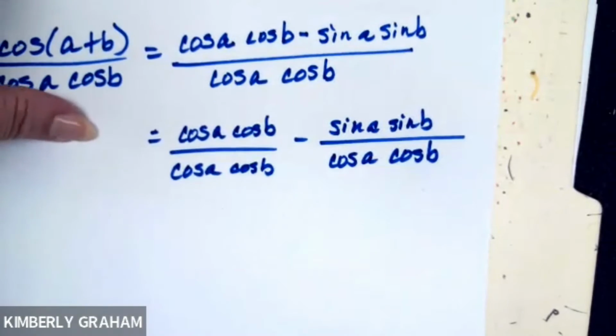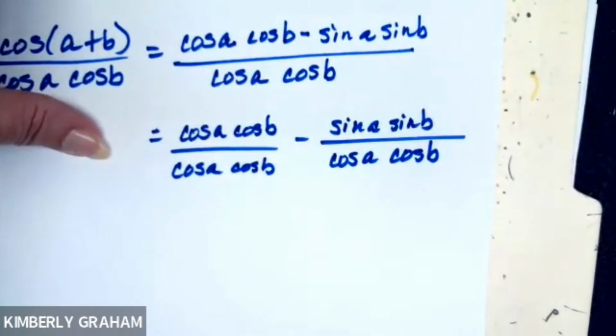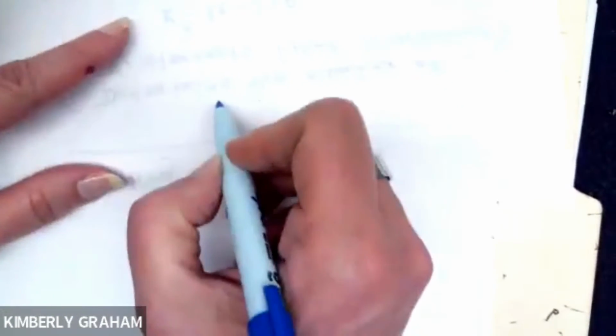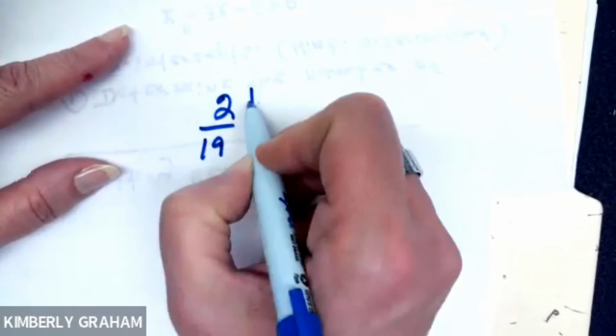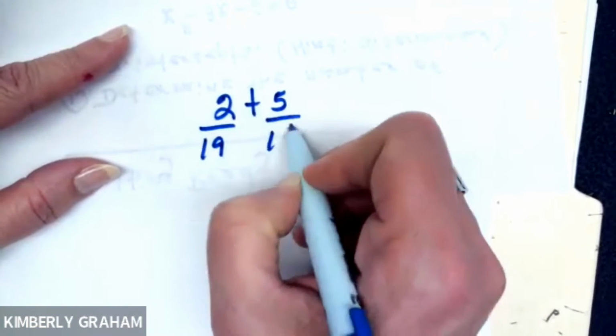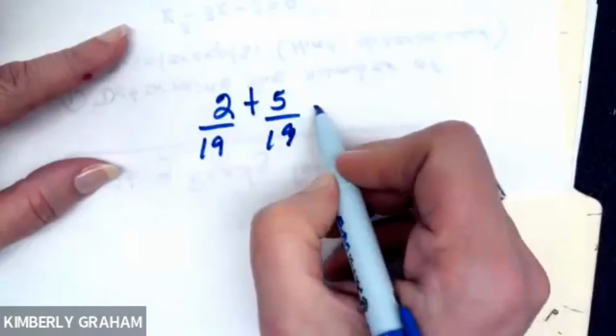And we went over this last time we met, I guess it was Wednesday. I know that if I have a fraction, say 2/19 plus 5/19, I add that together and I get 7/19.